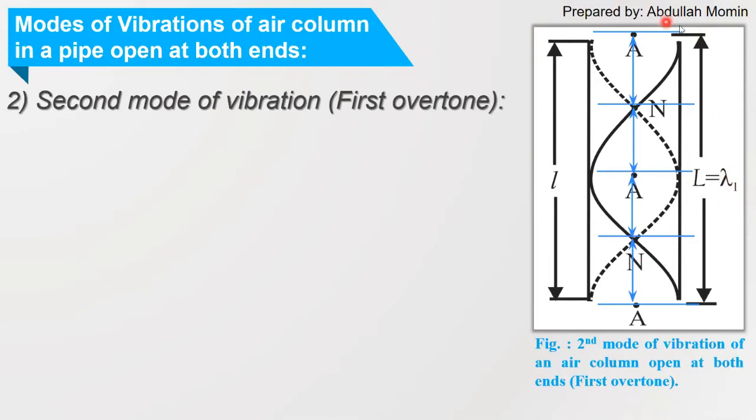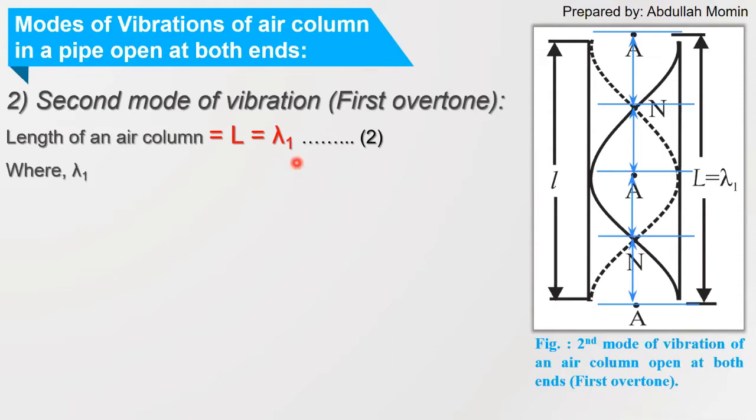So we will say that the length of this air column, capital L, is equal to lambda 1. We are marking this equation as equation number 2.